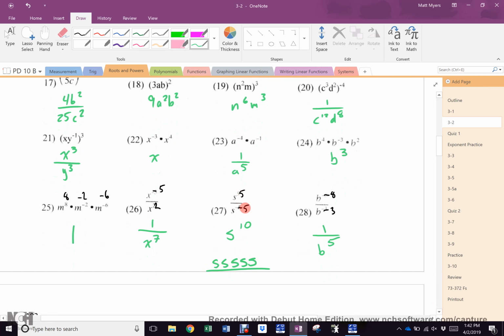Over s to the negative 5, right? But since it's negative, where should it actually be? It needs to reciprocate, right? So these 5 would move up there. S to the 10th. Okay? And what else? This one? Okay.